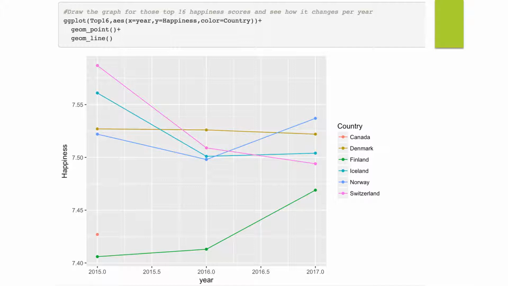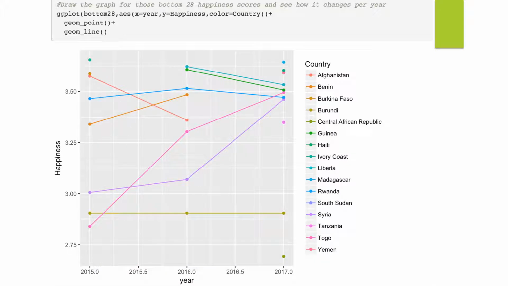Then I draw the time series graph. Here it is more clear to see how it changed for the highest happy score countries. As we can see, some of them are decreasing, some are increasing, and one has no change.